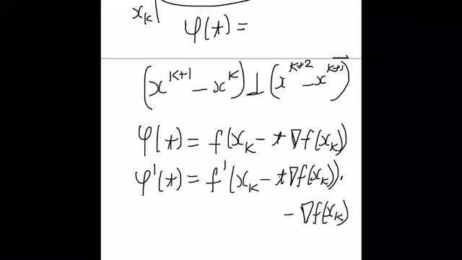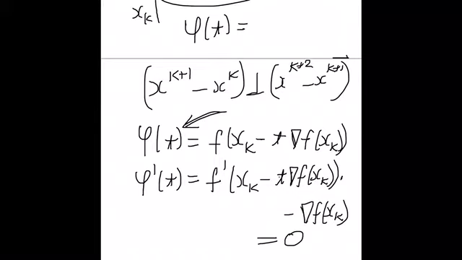In exact line search, we basically minimize this psi of t with respect to t by differentiating it and equating to 0. So the result of the exact line search is the t for which this is 0, right?